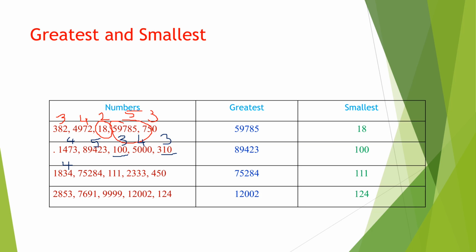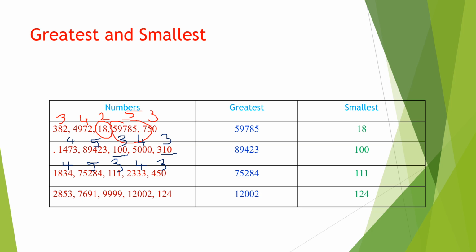Then 75,284, there are 5 digits. 111, 3 digits. 2,333, 4 digits. 450, 3 digits. So, which is the greatest number? 75,284 because it contains 5 digits. Then, which is the smallest number?